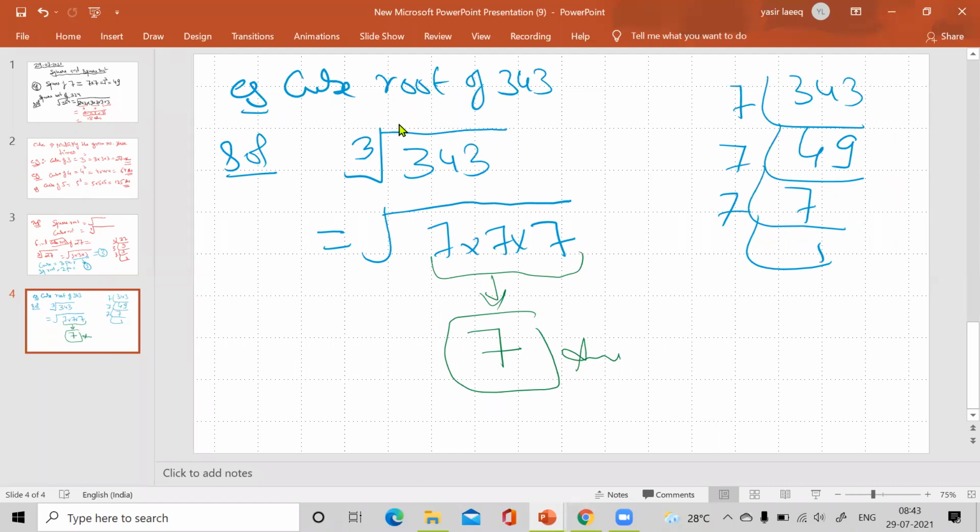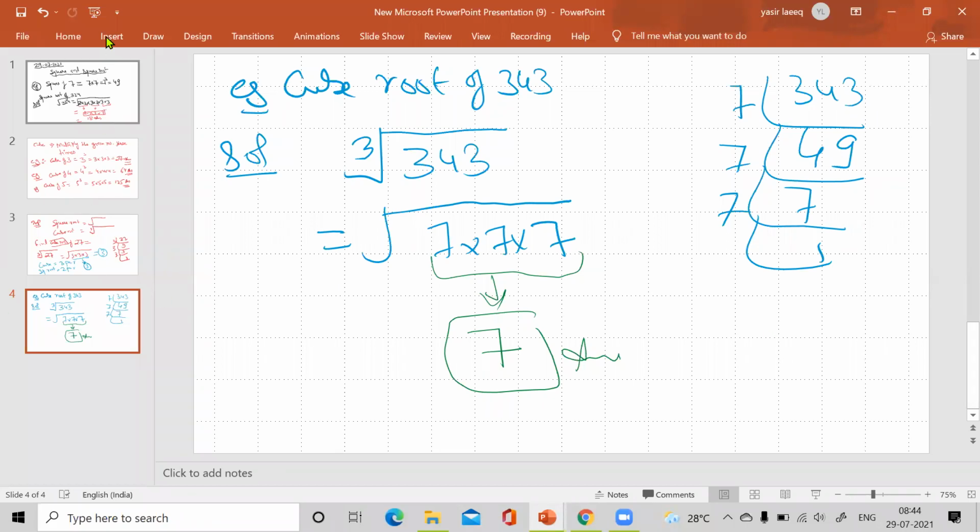The question is, beta, you have to find the cube root of 343. So I factorize it, and we make a pair of 3 and we pick one number, the same number. Then it will be a cube root. If here we write 2, if we change it, then what happens?